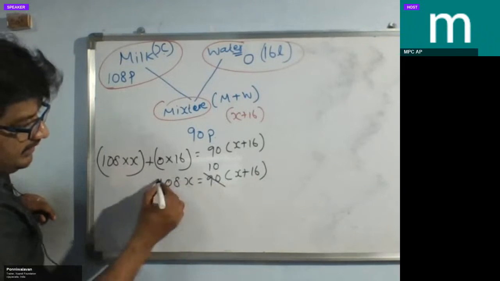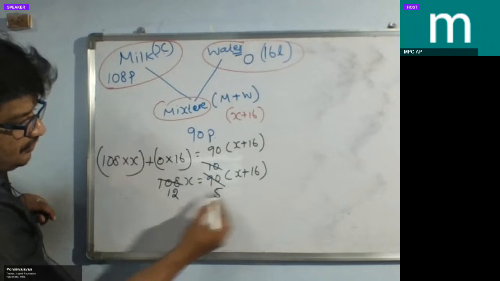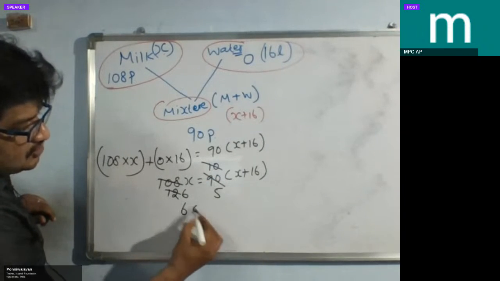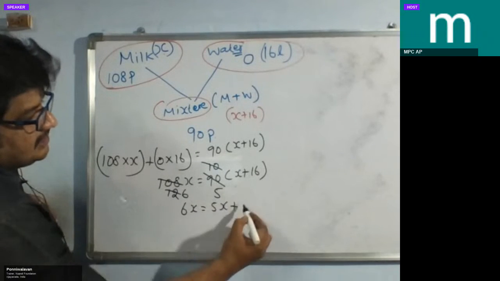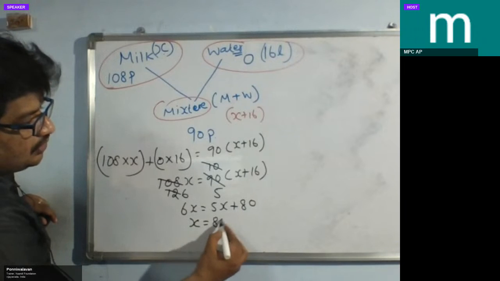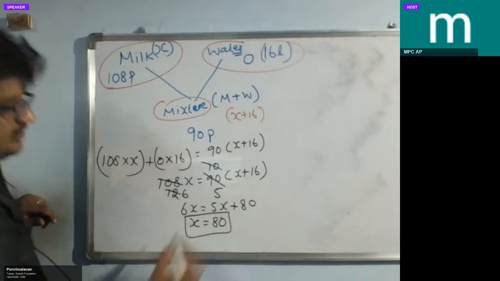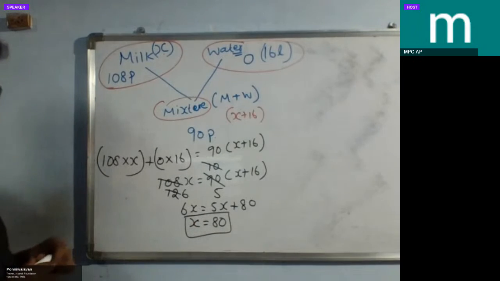So it becomes 12X and 10 times. If you divide by 2, this is 6X and this is 5 times. So 6X equals 5X plus 80, and X is equal to 80.